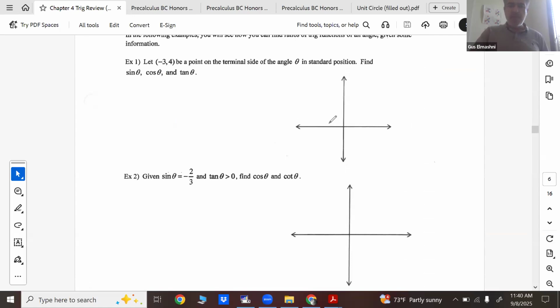So negative 3 comma 4. Now in this case, the radius is not 1. I've had some students in the past, and this is kind of the annoying thing with trig, they just memorize, oh, Mr. E, you said x is cosine. Like, no, dude, you don't get it. Cosine's a ratio, right? Sine's a ratio.